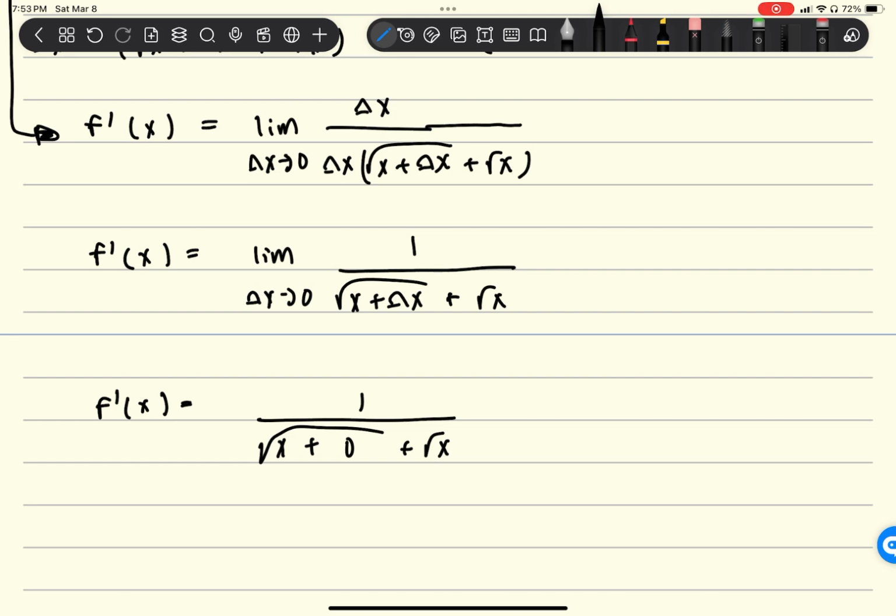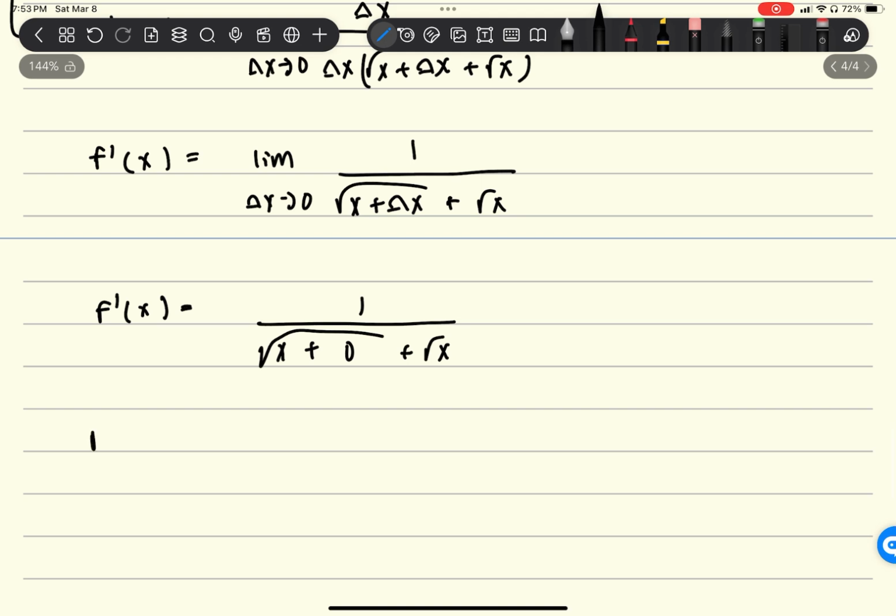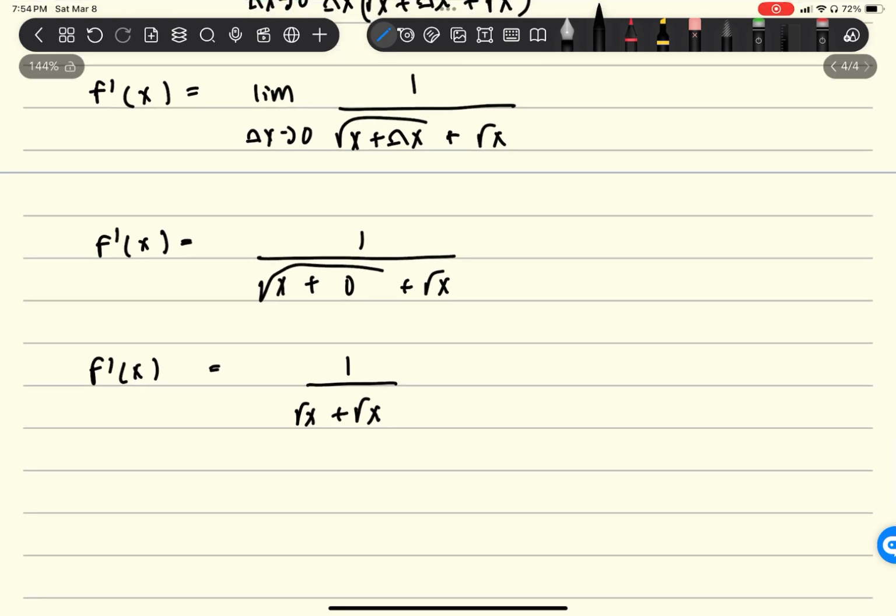All right. And so let's go ahead and simplify. The derivative of f of x is going to be equal to 1 divided by this root of x plus this root of x. And so when you combine two square root of x's together, we're going to get that the derivative of f of x is equal to 1 divided by 2 square root of x.